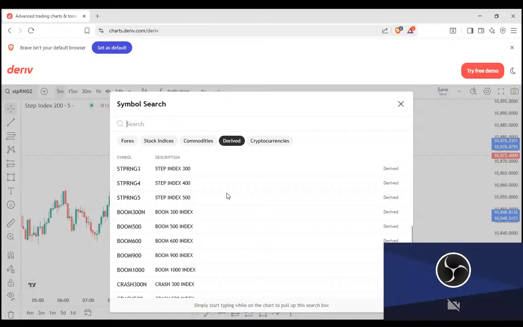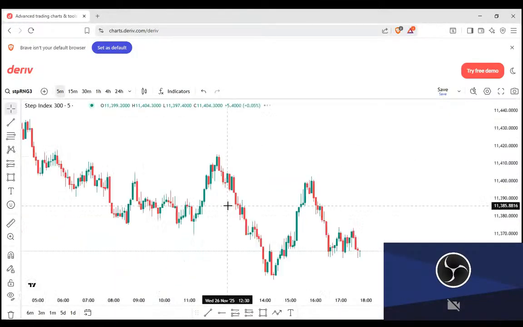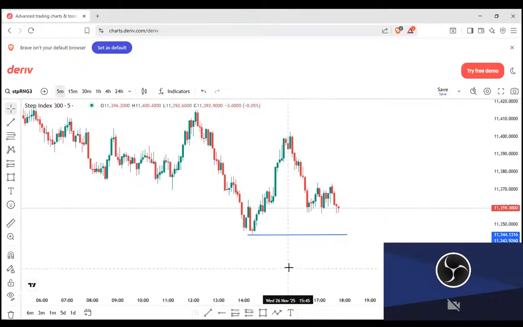Let's go to the next, which is 300 index. Step 300, 5 minutes time frame. We have now this key low. We have now this.